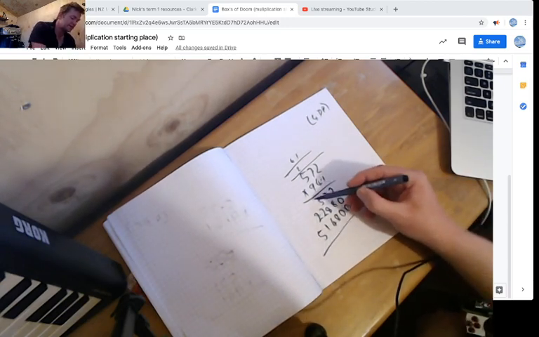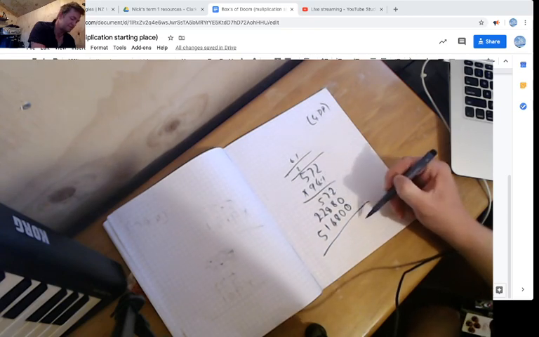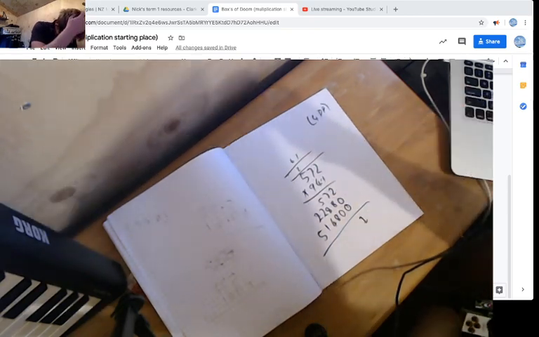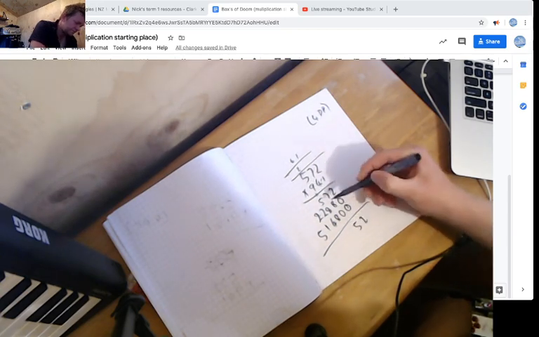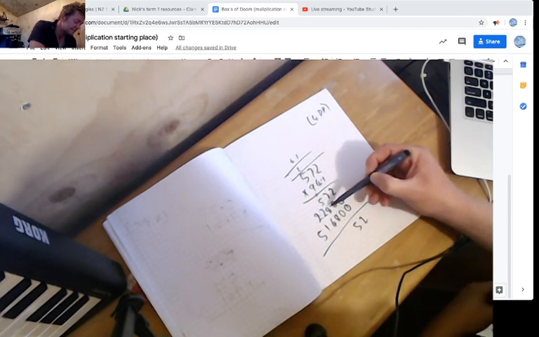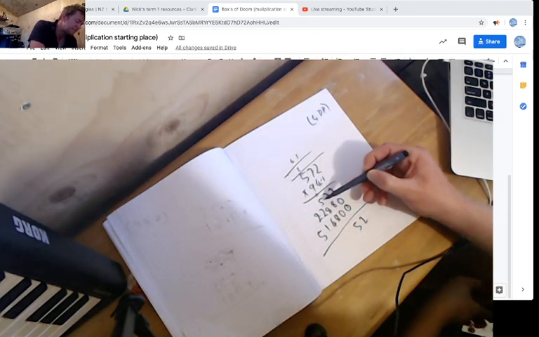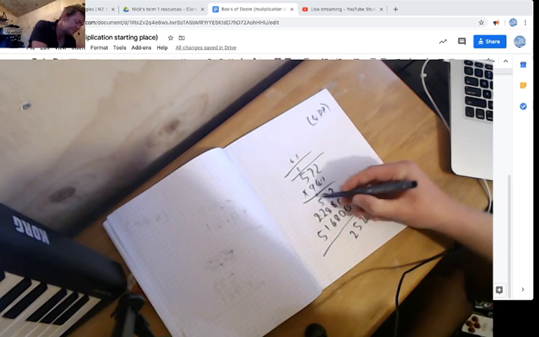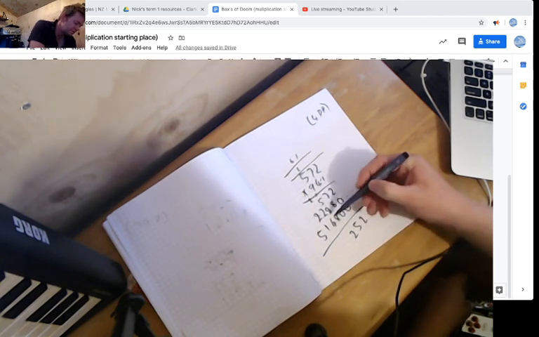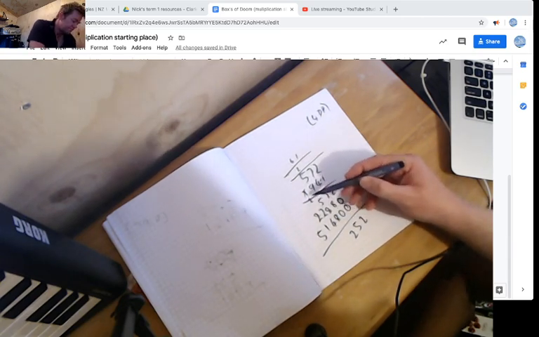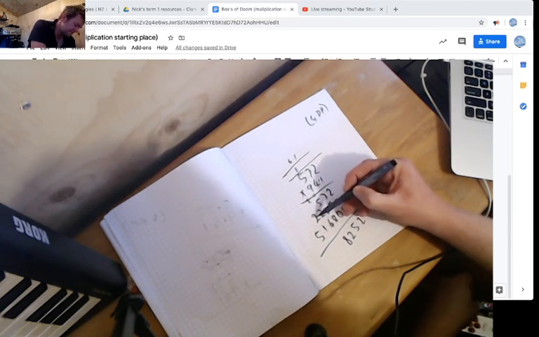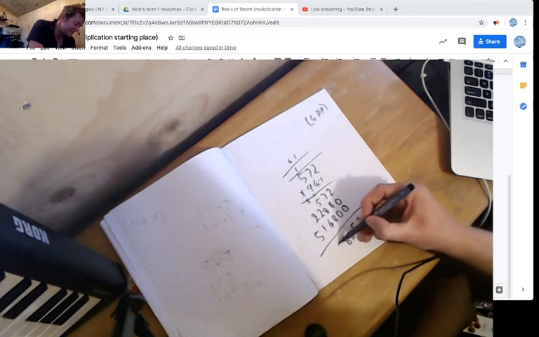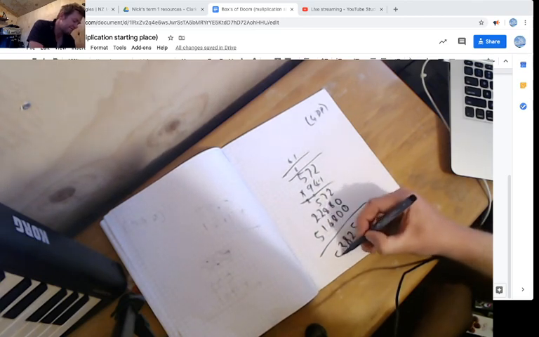Now when I'm adding columns, I add my things up here. So 2. That's a 7 and an 8. That's 15. 8 and 8 is 16 plus 5 is 21 plus 1 is 22. 2 plus 2 is 4 plus 4 is 8. 2 plus 1 is 3. And plus 5 by itself.